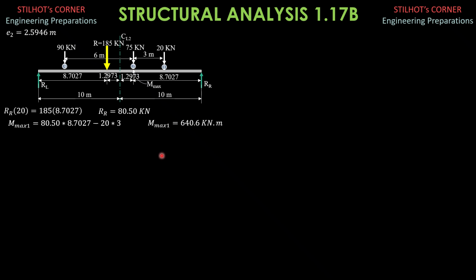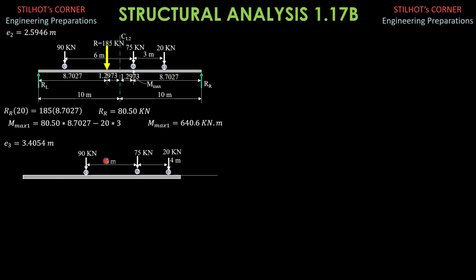Then let's also evaluate the case where the maximum moment occurs under load 3, and we'll use E sub 3, which is 3.4054 meters. Then let's position the load. Half of that, 3.4054, is the distance from the center line to load 3 and to this resultant of 185 kilonewton load. We already showed that load 1 is still on the beam.